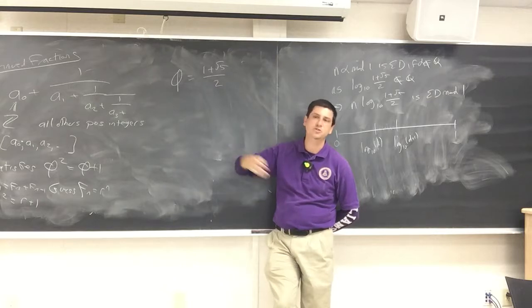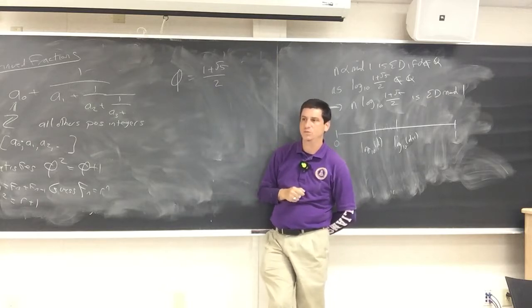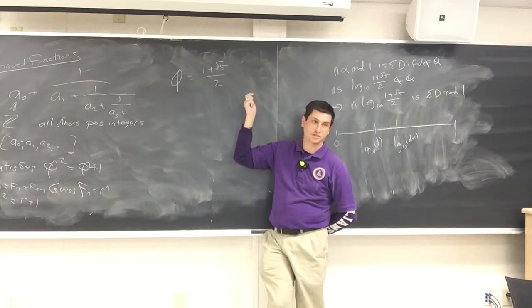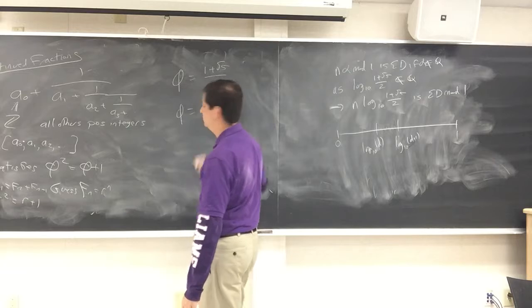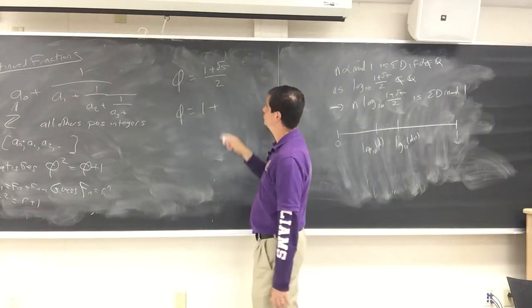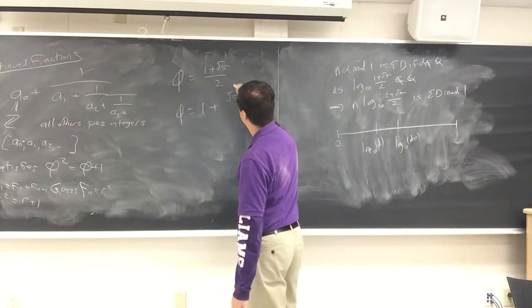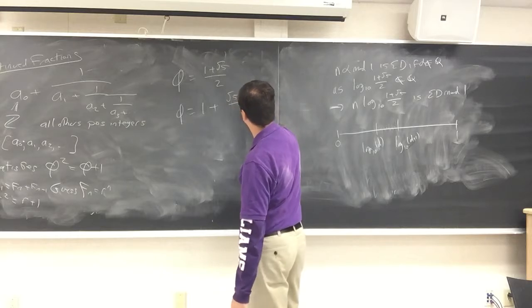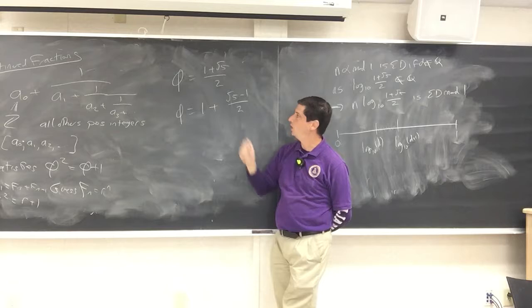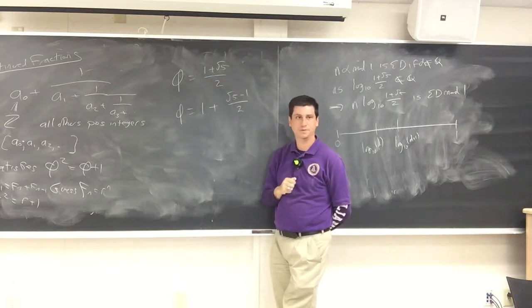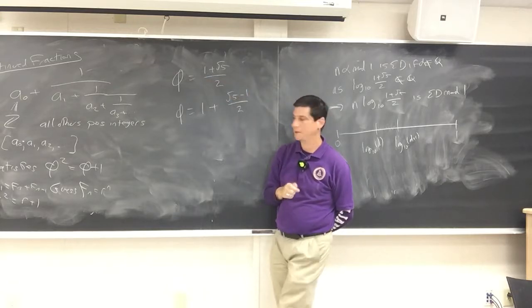I want to write it as an integer plus something that's less than 1. This is about 1.6, so this has to be 1 plus a remainder. So it'll then become root 5 minus 1 over 2. I add a half, I subtract a half. All right?